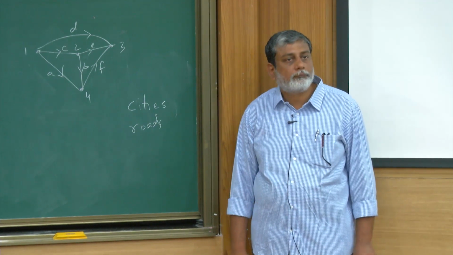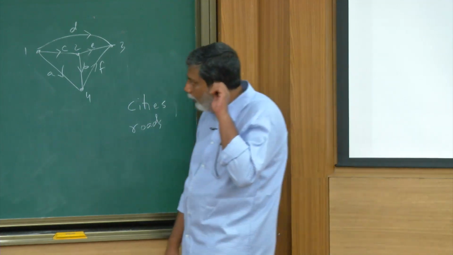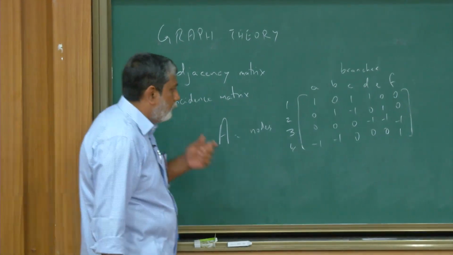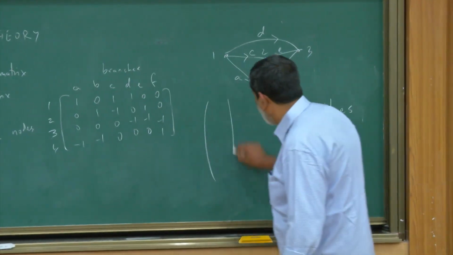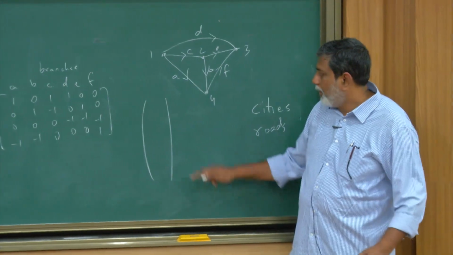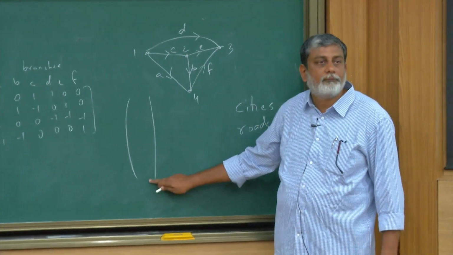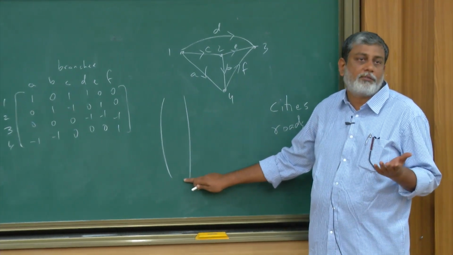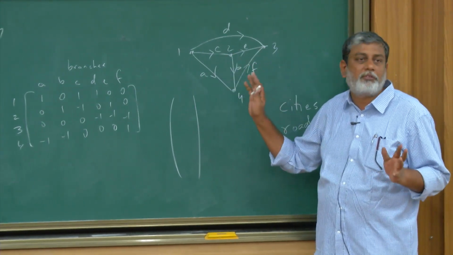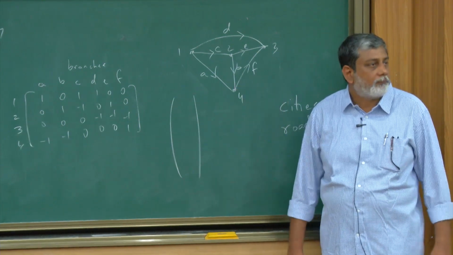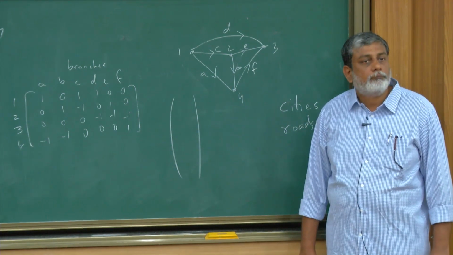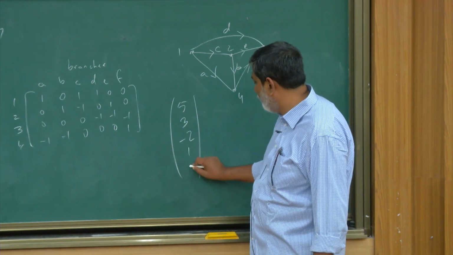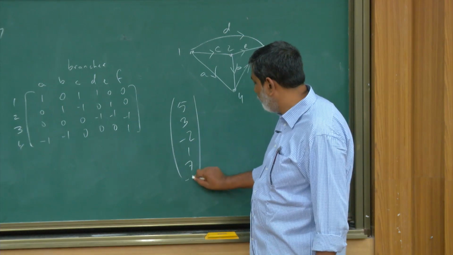Now, we could take a vector of size 6, which tells us how many vehicles travel through each one of these roads in 1 hour, let's say. So let's say 5, 3, -2, 1, 7, -4.